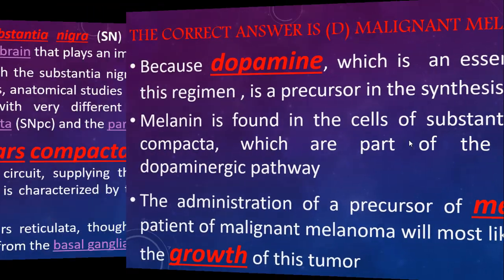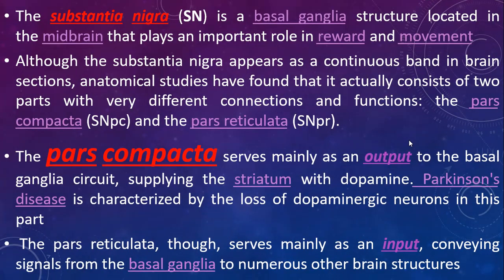of this tumor. The substantia nigra, SN, is a basal ganglia structure located in the midbrain that plays an important role in reward and movement. Although substantia nigra appears as a continuous band in brain sections, anatomical studies have found that it actually consists of two parts with very different connections and functions.